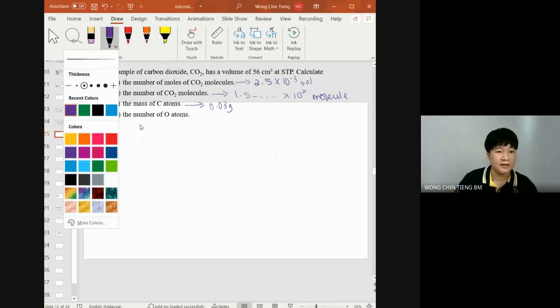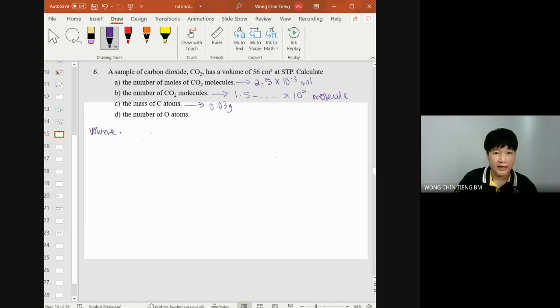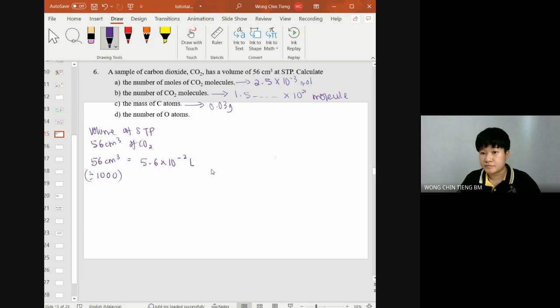So first thing, change the 56 cm cube to liter. To change to liter we divide by 1000. So you will get 5.6 times 10 to the power of negative 2 liter of CO2. That is the volume you have.